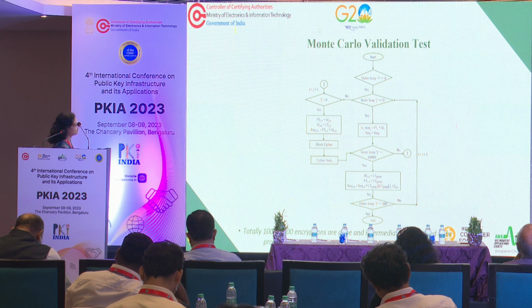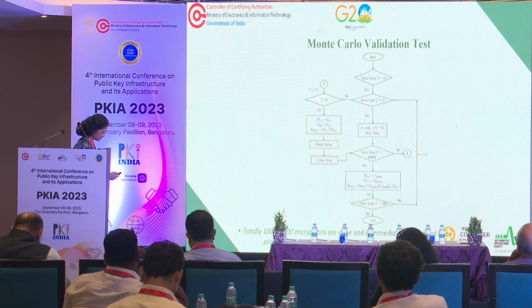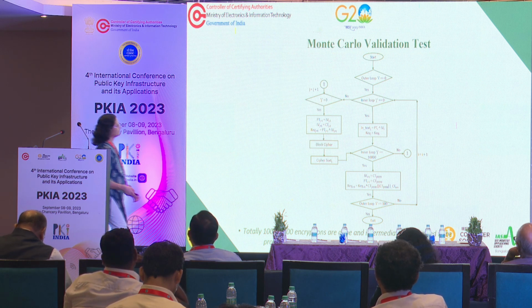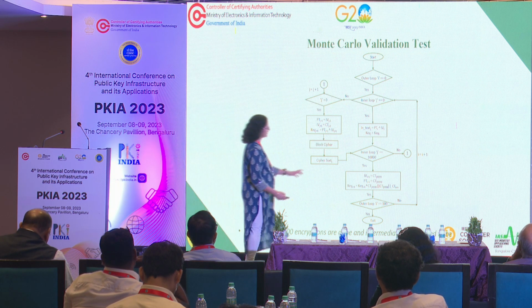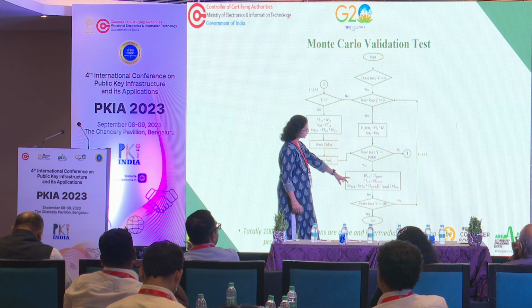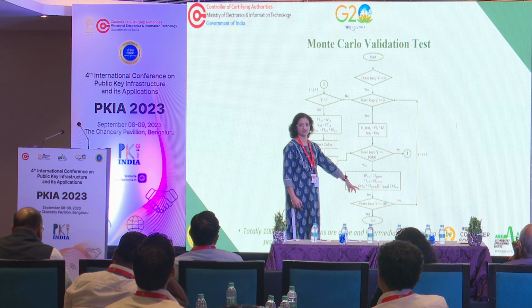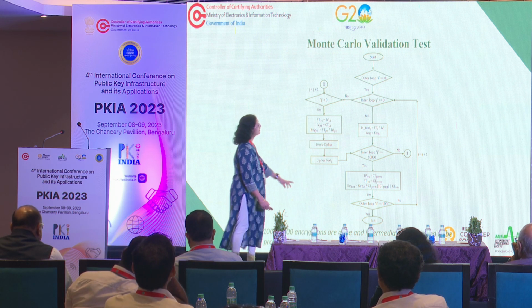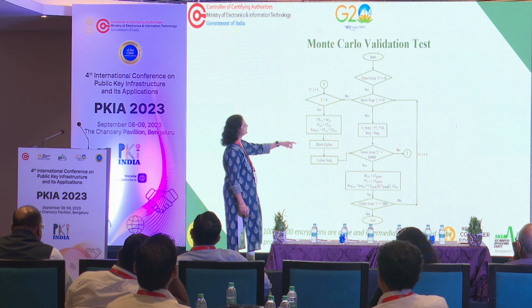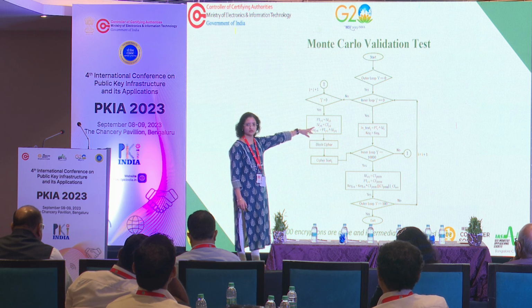Once the inner iteration completes, the input to the next outer iteration will be updated as per this equation. Again, for the next outer iteration, the input value for the block cipher will be updated as per this equation.